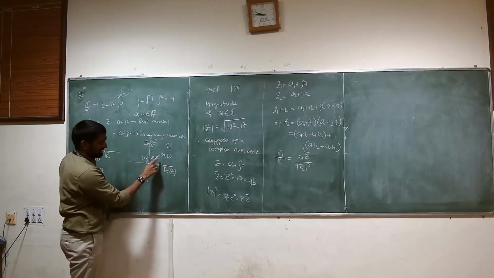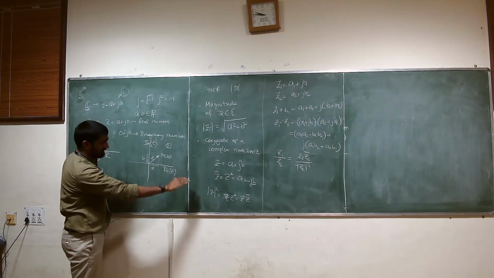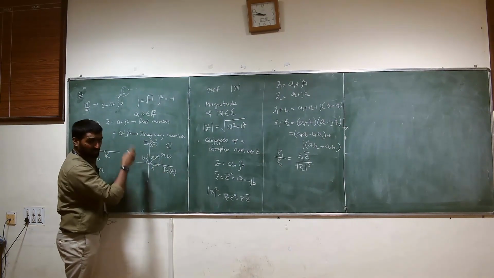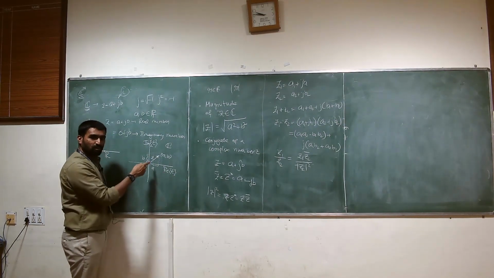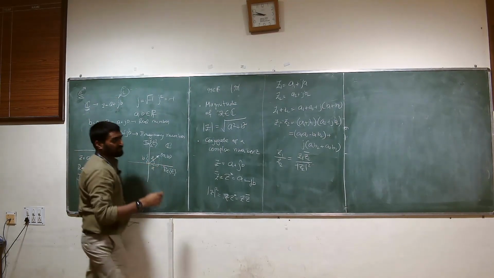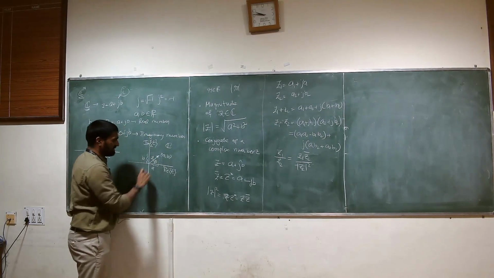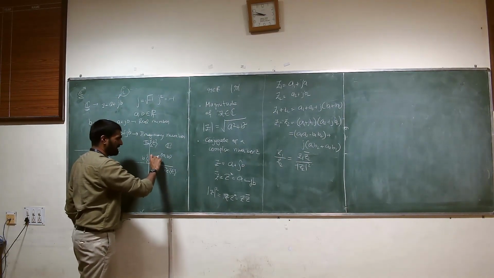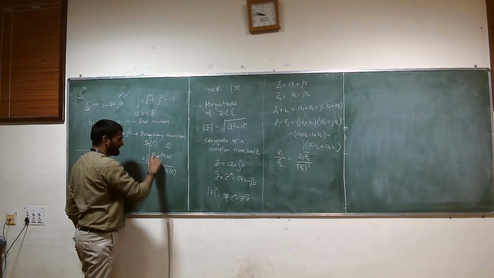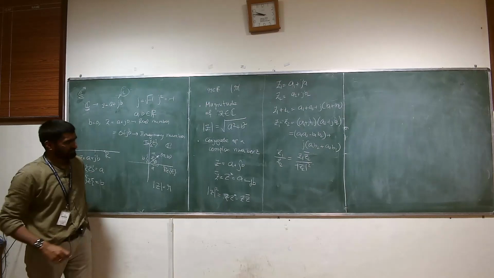representing this vector as two components, one along a horizontal axis and another along the vertical axis. There is another form to represent this, which is the polar coordinate form, where let's say this angle is theta, and let's call the length of this vector r.